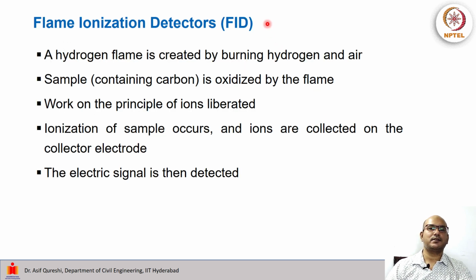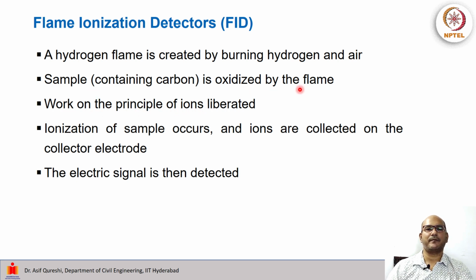The other detectors, one of them is the flame ionization detector. In this detector, a hydrogen flame is created by burning hydrogen and air. A sample which usually contains carbon will be oxidized by the flame. It works on the principle that ions are liberated.